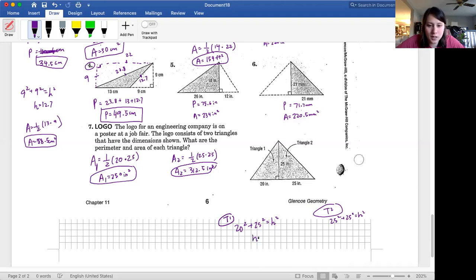And so I have to work this out to find the hypotenuse for both. The hypotenuse here is 32. And then the second one is 35.3 or 35.35, so it rounds up to 35.4. So then the perimeter of triangle 1 is 32 plus 20 plus 25.